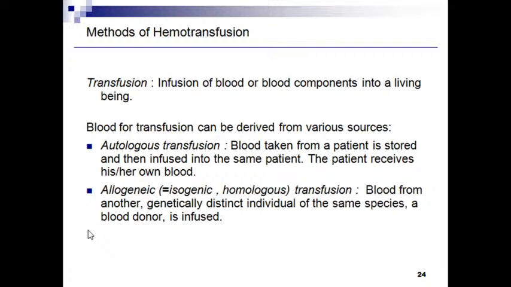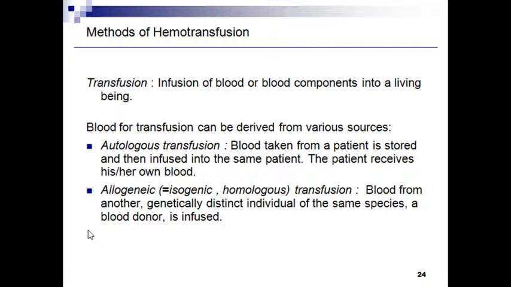Blood for transfusion can be derived from various sources. Autologous transfusion: if you transfuse blood taken from the same patient, stored and then infused into the same patient, the patient receives his or her own blood. This is autologous transfusion.